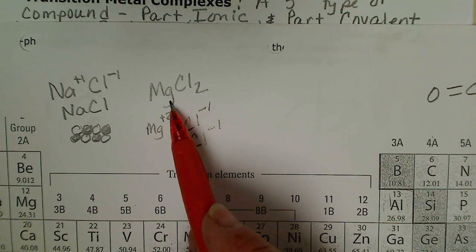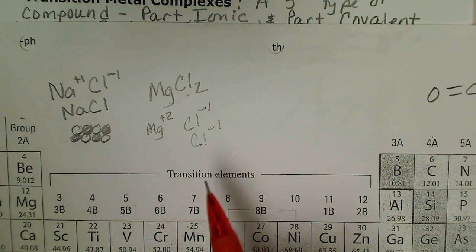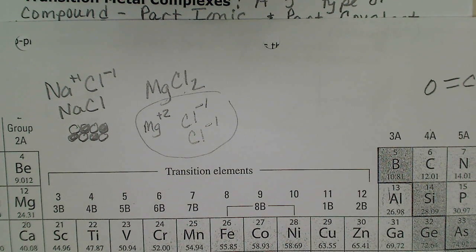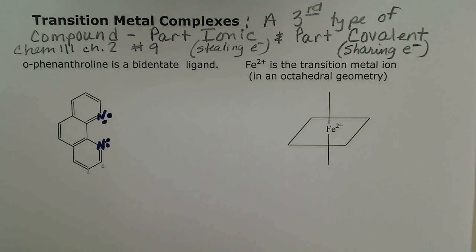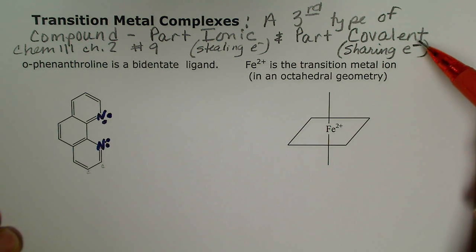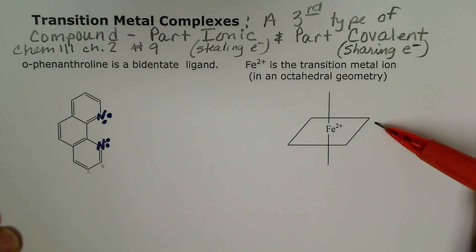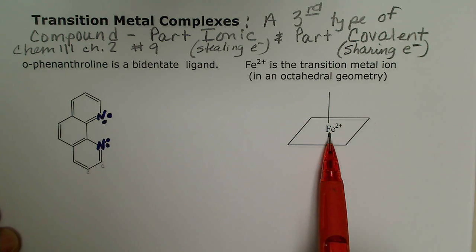So this is not magnesium covalently bonded to a chlorine gas molecule, but again, for an ionic compound, the charges cancel to 0. So we'll see that in this next type of compound, it has both properties of covalent, meaning that there are specific geometries, and the central metal in this type of compound is a positively charged metal.